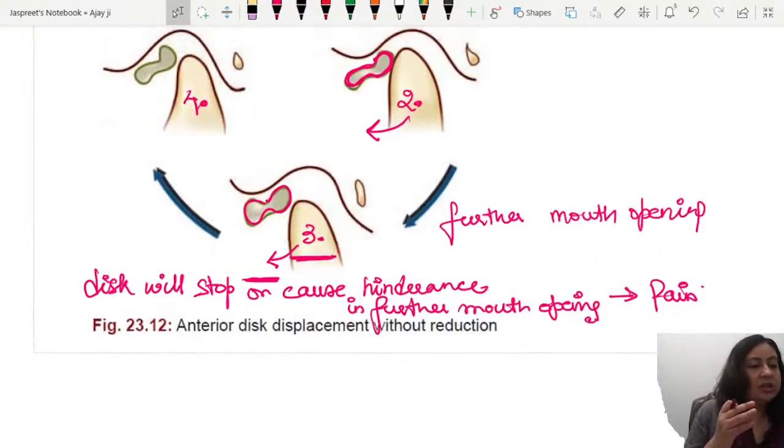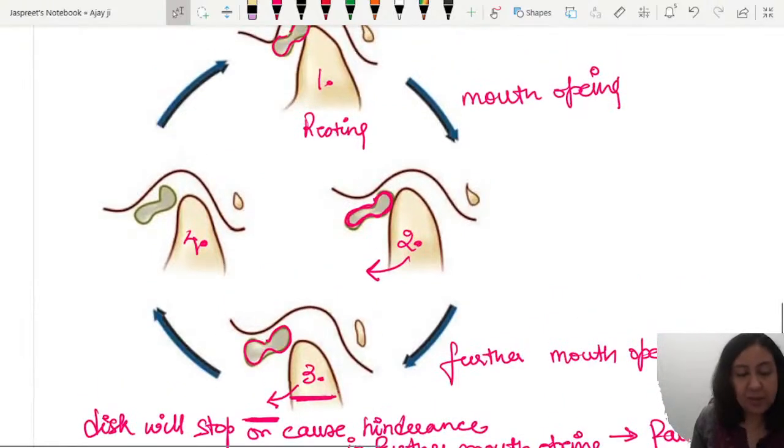So beyond this, mouth opening will not be possible, and if the patient forcibly tries to open the mouth, they will experience severe pain. If the patient continuously tries to open their mouth, they can also cause disc perforation. After this, the patient will be forced to close the mouth.